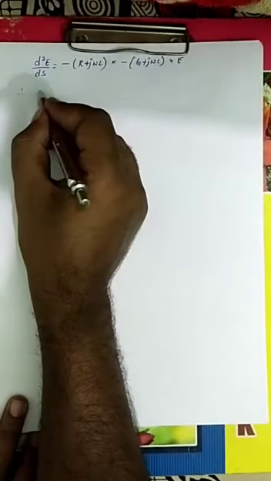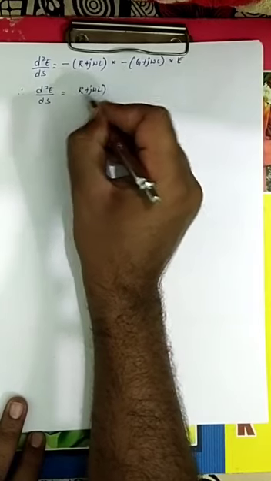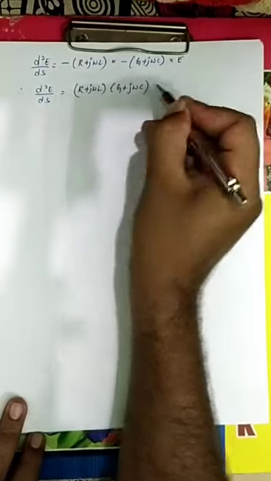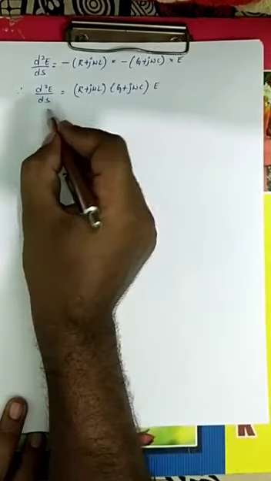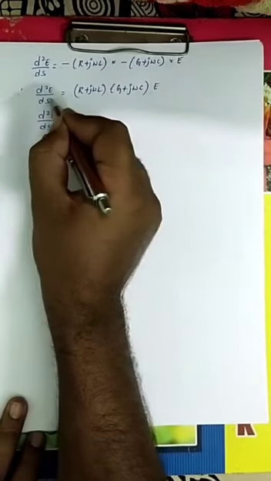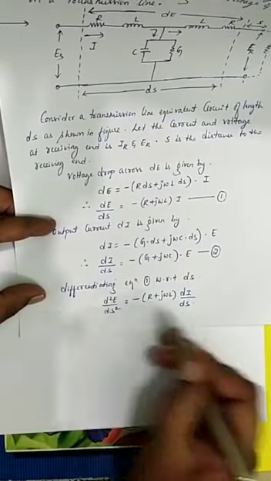Therefore d square E by ds square is equal to minus into minus, plus, so (R plus j omega L) into (G plus j omega C) into E.